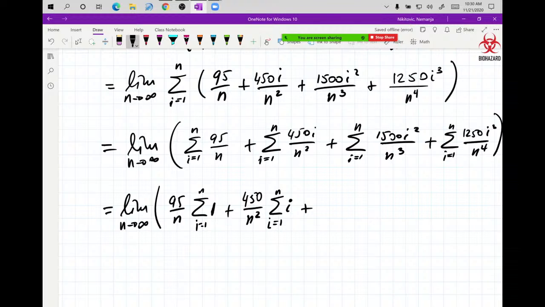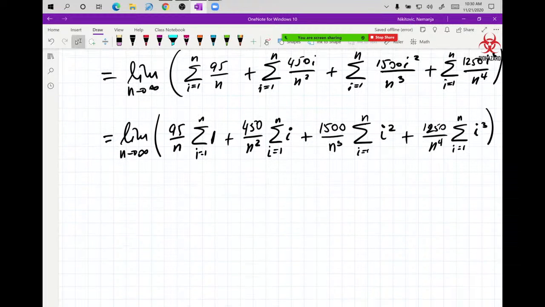Once you figure out what you're supposed to do, it's just like, I gotta write it out. So kick out again the constant, you're left with i squared, and finally kick out the constant 1250 over n to the 4th, boom, boom, boom, i, i squared, and i cubed.